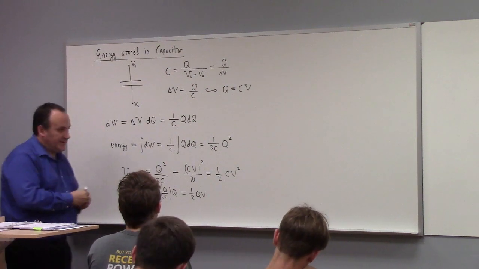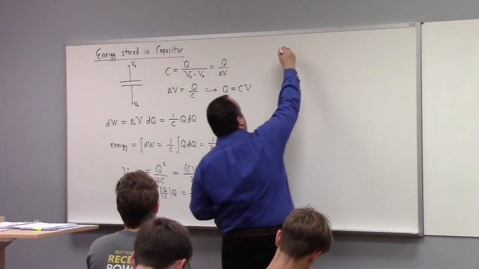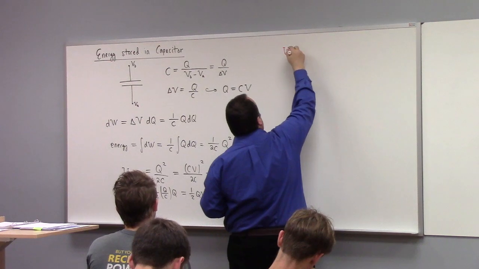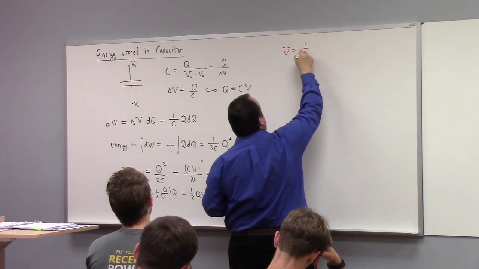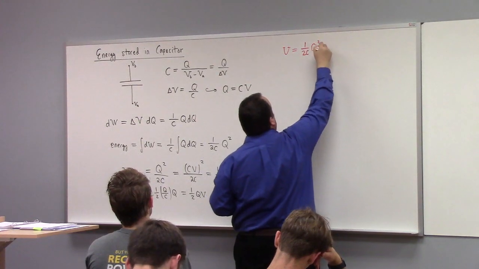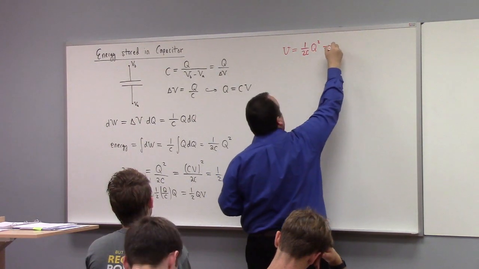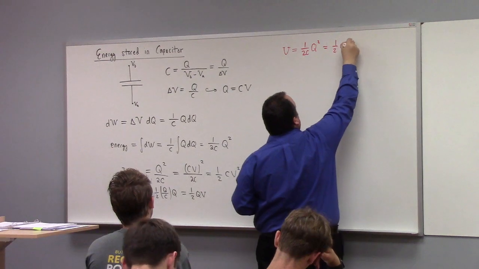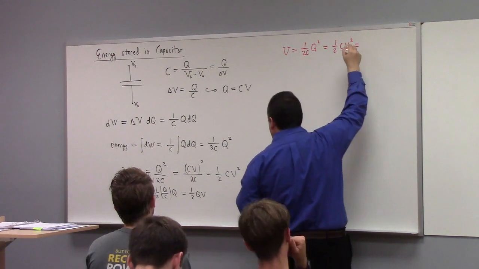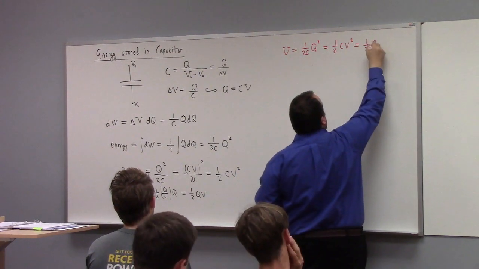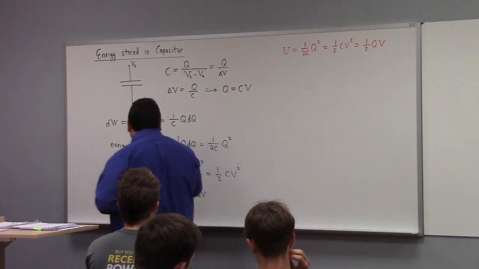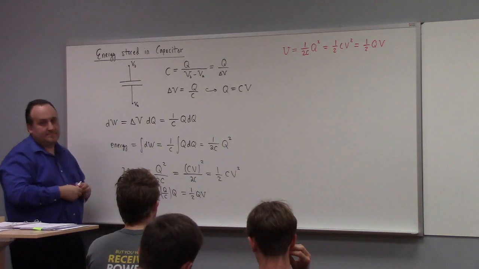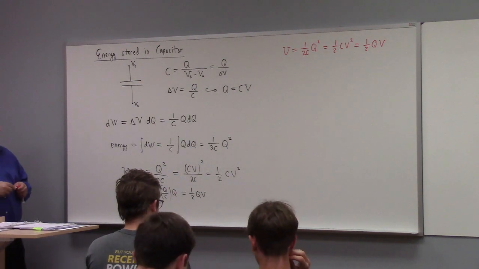I'll write them up here again for the record: potential energy in a capacitor with charge Q at voltage V is Q squared over 2C, which is also 1/2 CV squared, which is incidentally also 1/2 QV. Now, the last formula is kind of interesting because you don't see the capacitance in that formula, right? So that's kind of neat.